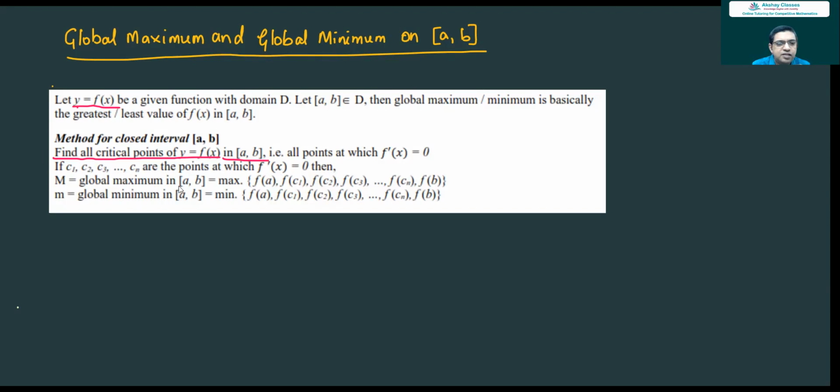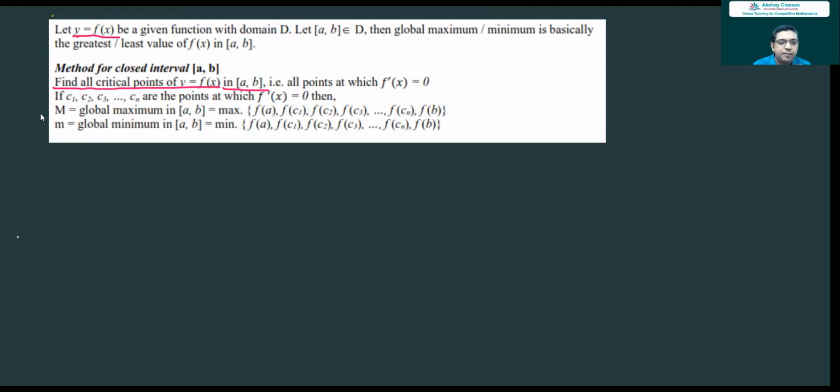So, for the global maximum in that closed interval, along with the function values at the critical points, we also have to consider the values of the function at the boundaries, f of a and f of b. Of all of these, we have to find which is the largest value. That becomes the global maximum. And the global minimum will be, of all the function values at the critical points and at the boundaries, whichever is the least. That becomes the global minimum.